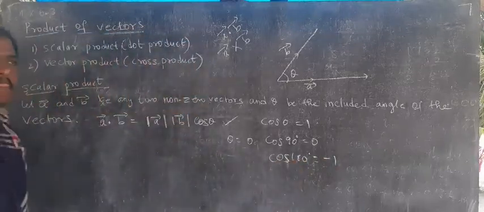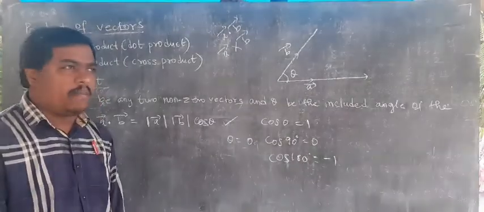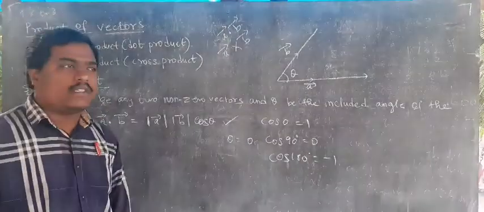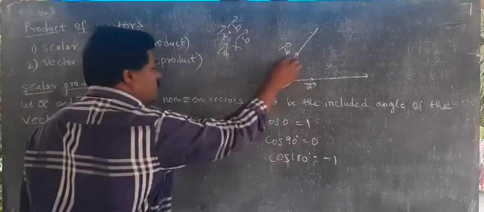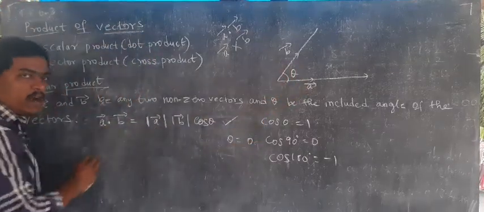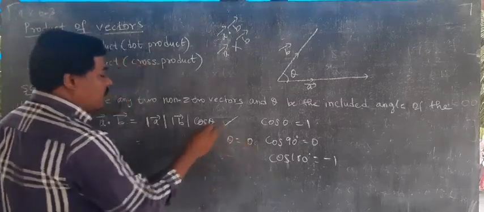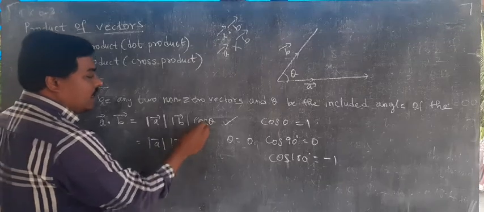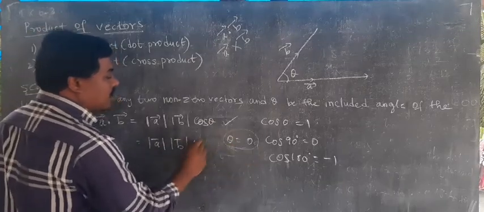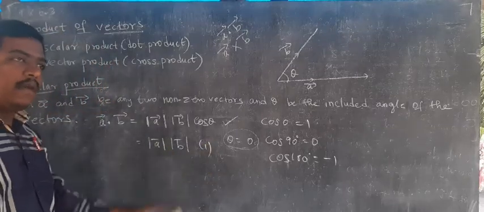Why am I saying this? We always use the concepts of collinear, coplanar, parallel or perpendicular. So for these two vectors, when we take the dot product, suppose theta equals 0. Then modulus of A vector times modulus of B vector, and cos 0 is 1. 1 times something is the same thing.